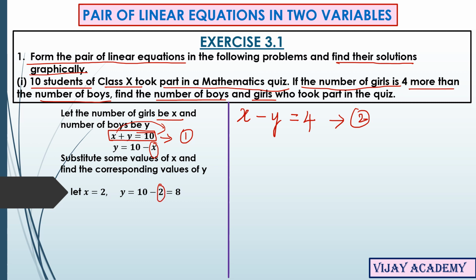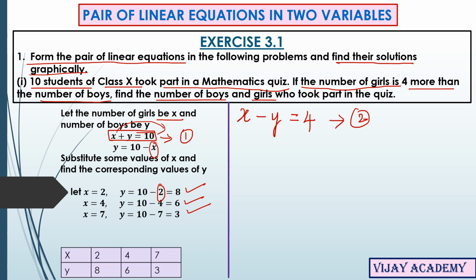So taking x as 2, we get y as 8. Now let me take x as 4. 10 minus 4 gives you 6. And let us take x as 7. So we get y equals 10 minus 7, which is 3. Like this, you can take any value of x, find the corresponding value of y, and tabulate them. So the first solution is (2, 8), the second solution is (4, 6) and the third solution is (7, 3).